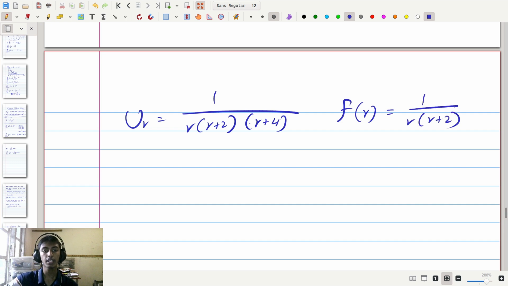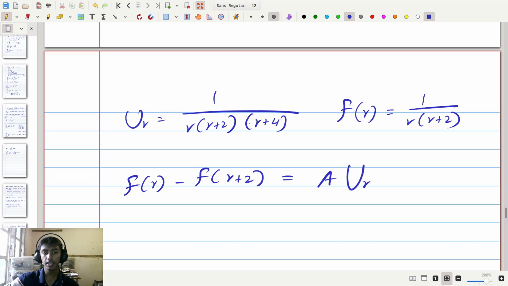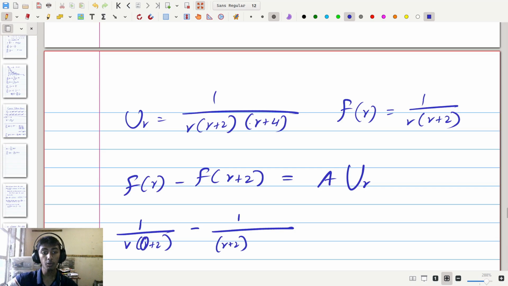Now, if we consider f of r minus f of r plus 2 and say this is equal to a times u of r, what we're basically saying is that 1 divided by r times r plus 2 minus 1 divided by, instead of r we substitute r plus 2, and r plus 2 plus 2 is going to be r plus 4, so r plus 4, and this is equal to a times 1 divided by r times r plus 2 times r plus 4.